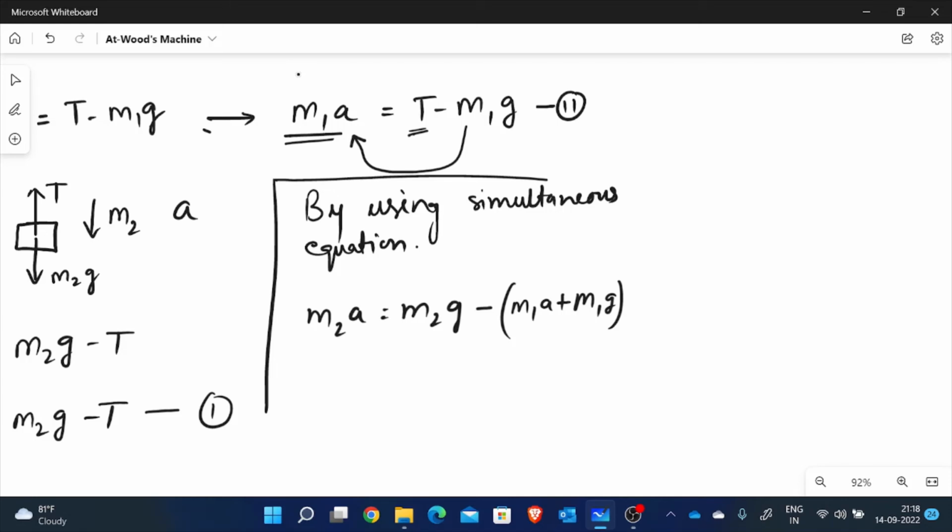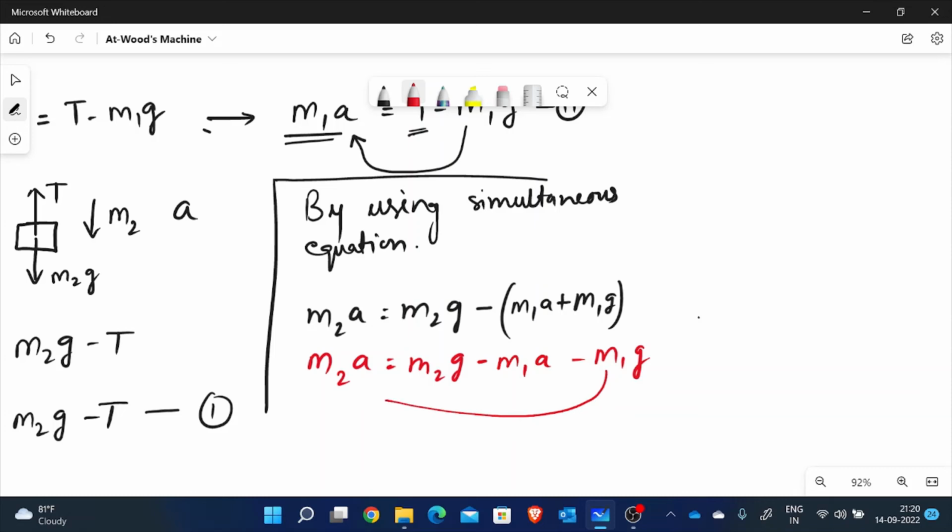Now if you simplify this, you will get the following relation. If we rearrange these terms, M2A is equal to M2G minus M1A minus M1G. Let's move M1A towards the left side.